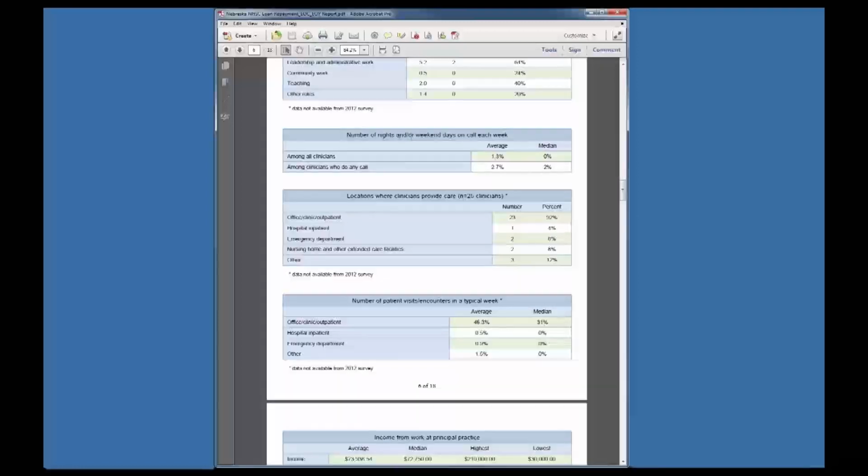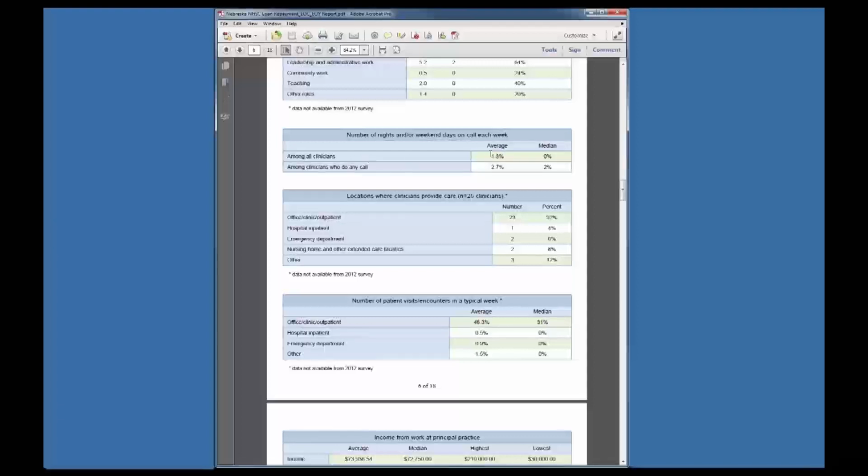This question, number of nights and/or weekend days on call each week, is a question we've been using for literally decades now, and it works very well, and it seems to be very strongly correlated with any number of things, including burnout, as you might imagine. The maximum here would be 7 nights and weekend days a week.